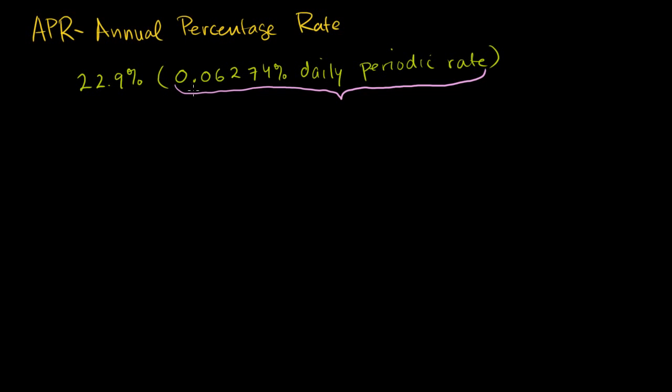Well, if you just take 0.06274 and multiply by 365 days in a year, you should get this 22.9. Let's see if we get that. Of course, this is a percentage here, and this is a percent here. Let me get out my trusty calculator.